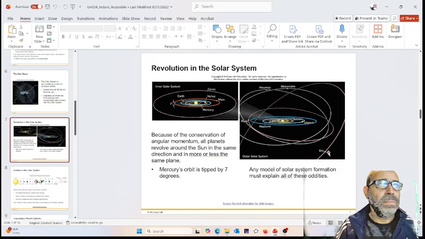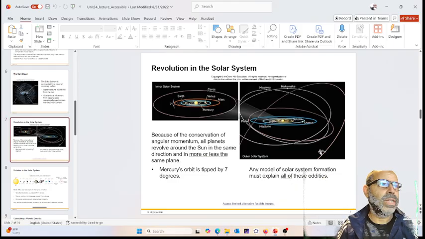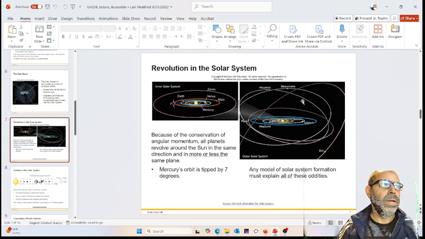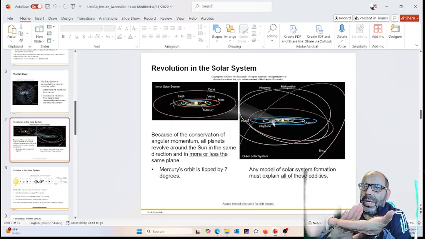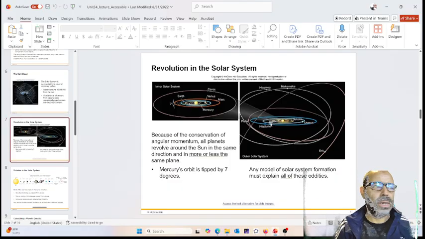But for the smaller objects far away from the sun, any tiny perturbation in their path will cause them to move further. That's why you see all of the dwarf planets that exist in the Kuiper Belt making a huge angle between them and the ecliptic. So if this is the ecliptic, this is their path. They are making a big angle with respect to the ecliptic plane.